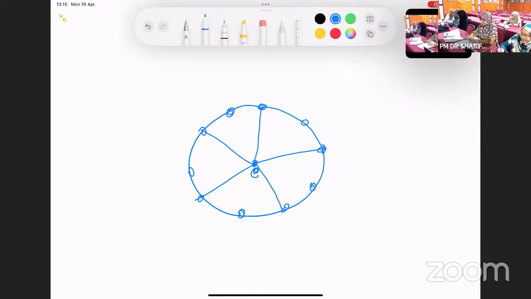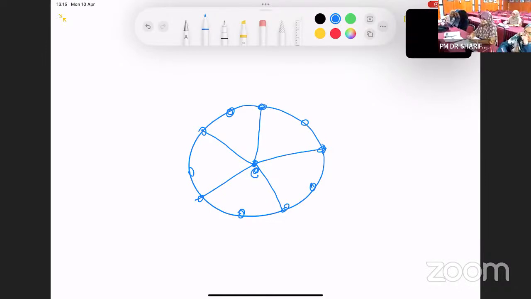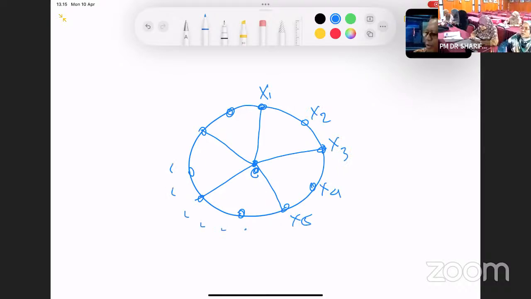And then you have the rings. You can say x1, x2, x3, x4, x5, up to xn.